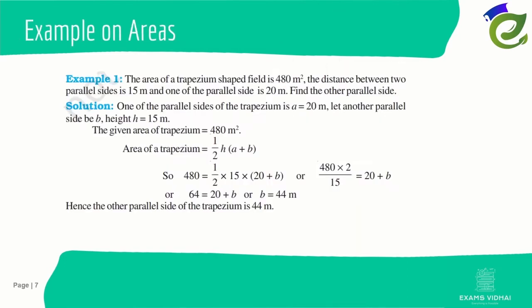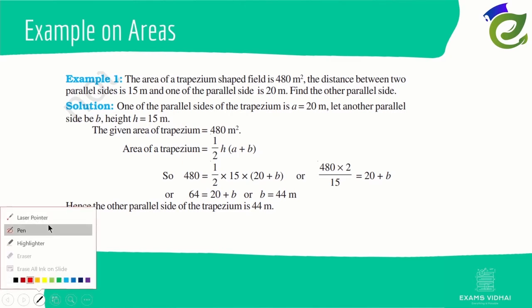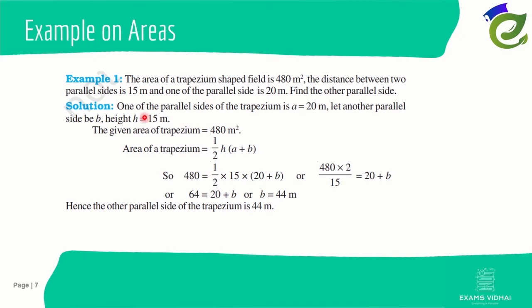Some examples on areas. The area of a trapezium shaped field is 480 meters square. The distance between the two parallel sides is 15 meters, and one of the parallel sides is 20 meters. Find the other parallel side. Solution. Given one of the parallel sides of the trapezium A is 20 meters and height is 15 meters, and we have to find the other parallel side value B. Given area is 480 meters square.